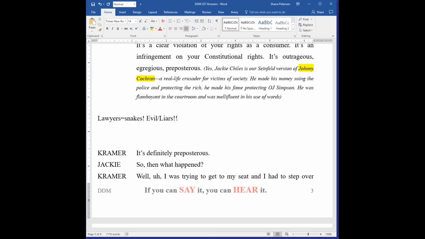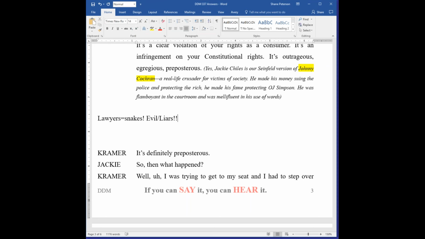But if you think you are a victim, you need a lawyer like Johnny Cochran, because Johnny Cochran is so good with words that he will make everybody a real victim, even of the police.